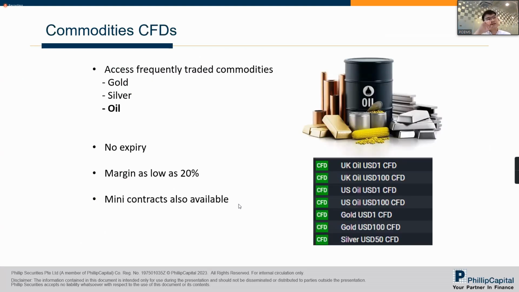Commodities CFD gives access to frequently traded commodities: gold, silver, oil, as I mentioned just now. If you trade on CFD, there is no expiry, unlike the commodities futures markets, and margin is as low as 20%. Also, we do offer mini contracts. This is what might be different from others.